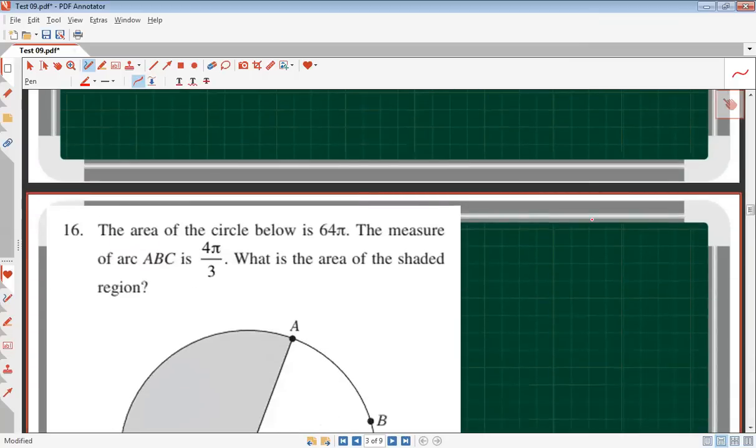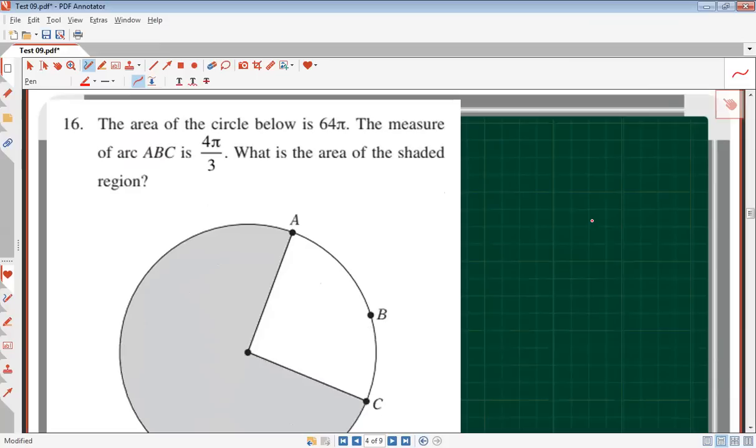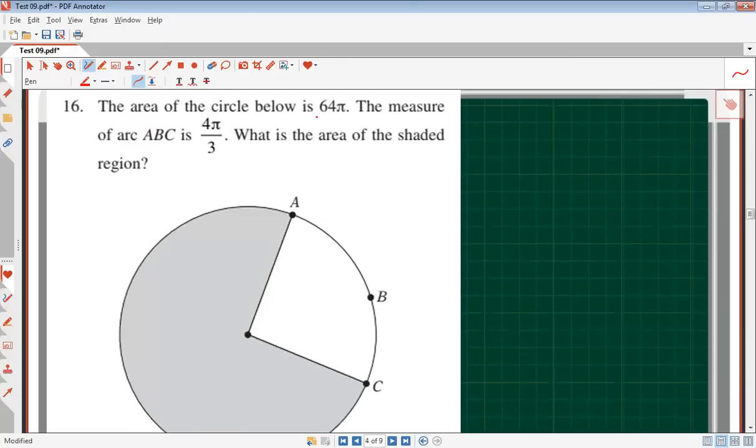We continue. This is the final question. The area of the circle below is 64 pi. We know that the area of a circle is pi times r squared equal to 64 pi.